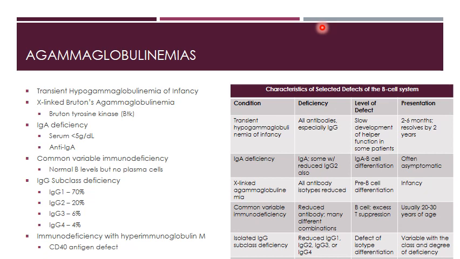And when you start running your tests and seeing what their levels of immunoglobulin are, we find that the patient usually has a deficiency of both IgA and IgG altogether. It is possible that the IgG can be a selective deficiency, but usually you're going to see both the IgA deficiency and the IgG deficiency together.